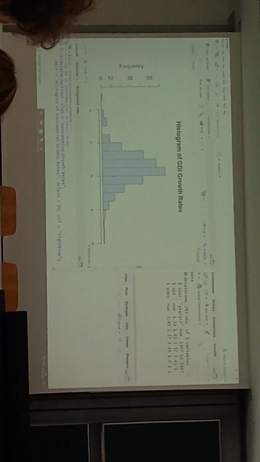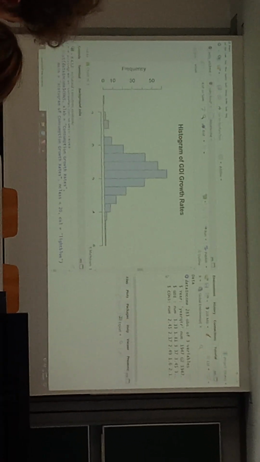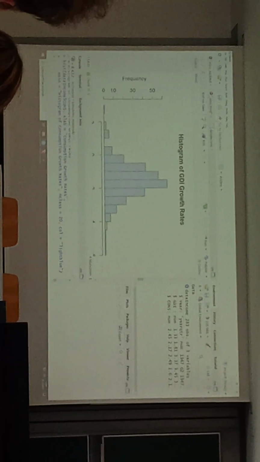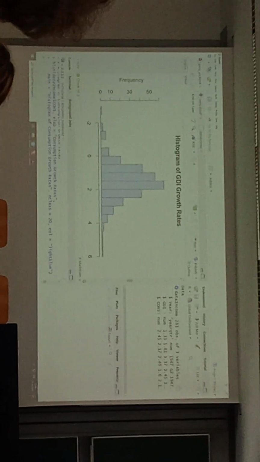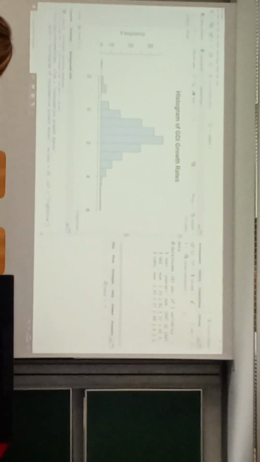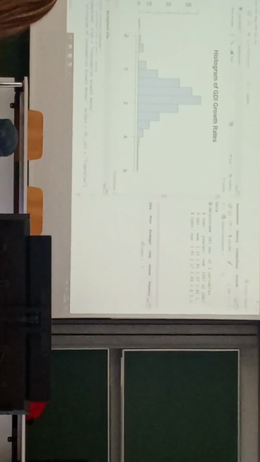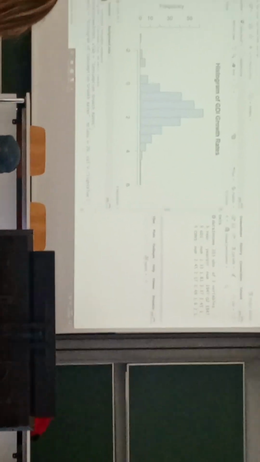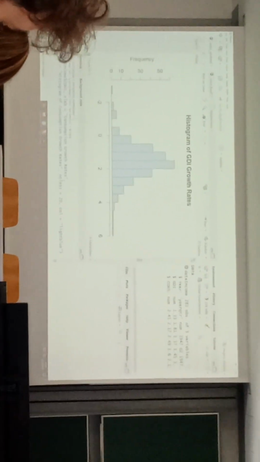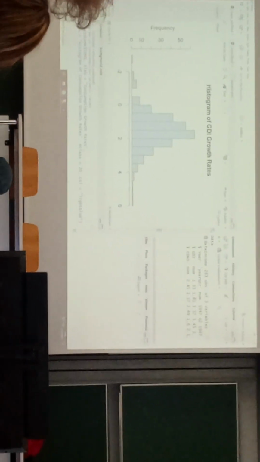So this is the histogram for the gross domestic income growth. You can see a little bit the distribution of growth rates. So most of the time the GDP growth is positive, and then there are some negative values, but not so many.